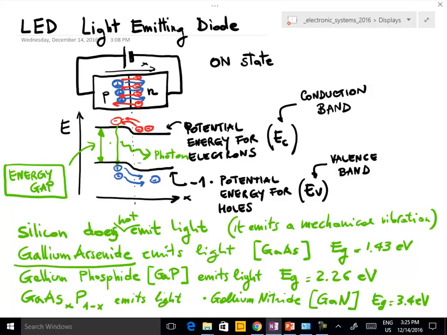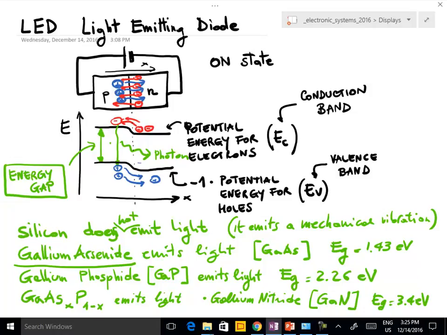And everything has been done in order to optimize the structure so that in practice, I would not say for any, but for a large part of electrons and holes that diffuse during the operation of the diode, we have a generation of a photon. Okay? So in order to optimize this process and having a good efficiency of the LED, there has been a lot of investment in optimization. But the basic principle of operation remains the one that I have described.